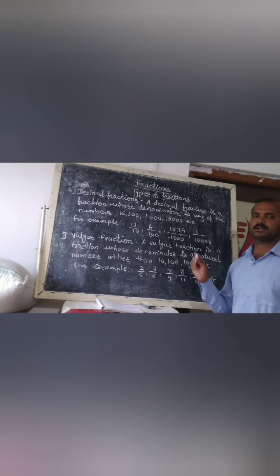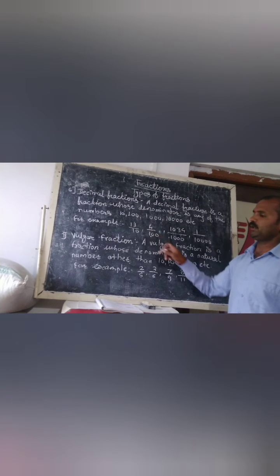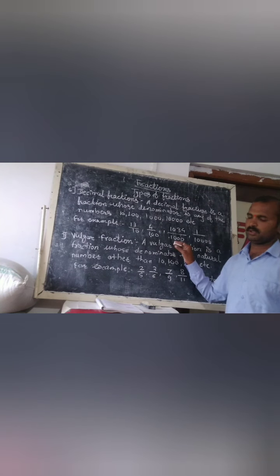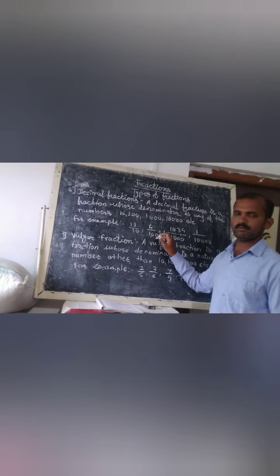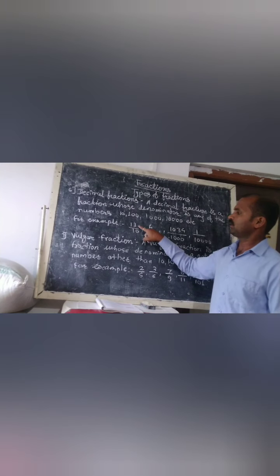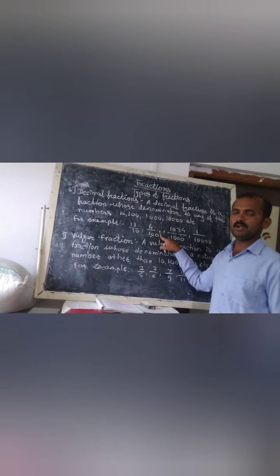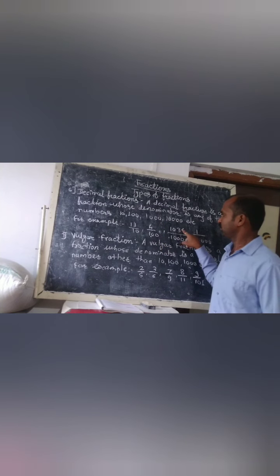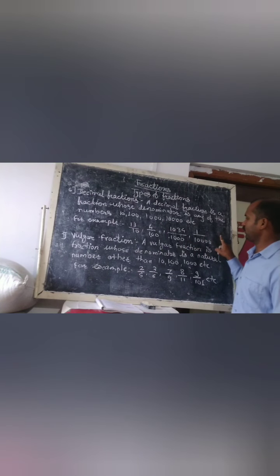Why are these called decimal fractions? Because we can convert them into decimals. We can convert every fraction, but these are very easy to convert into decimal. 13 upon 10 means 1.3, 4 upon 100 means 0.04, 1034 upon 1000 means 1.034, and 1 upon 10,000 means 0.0001.